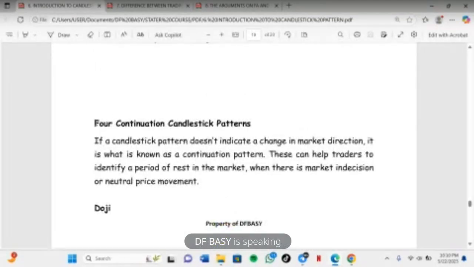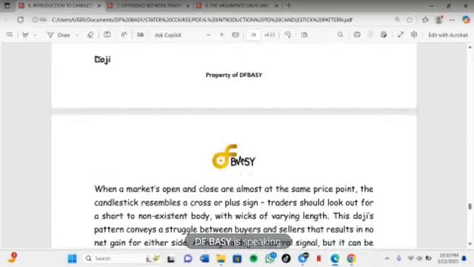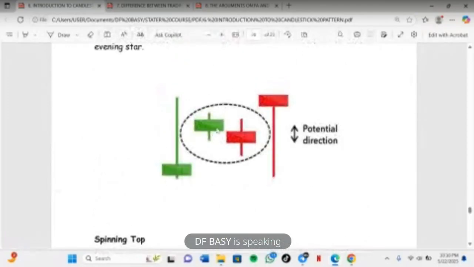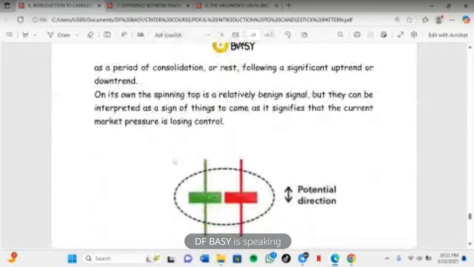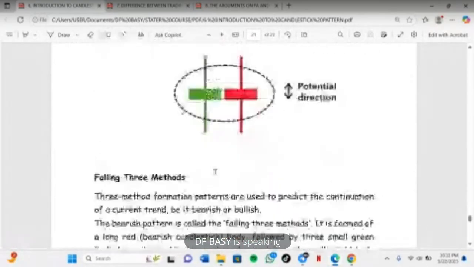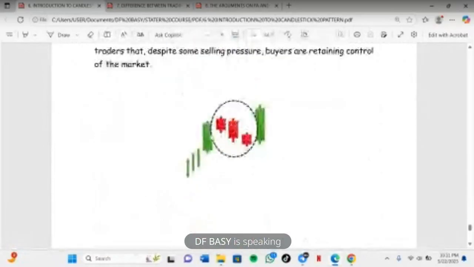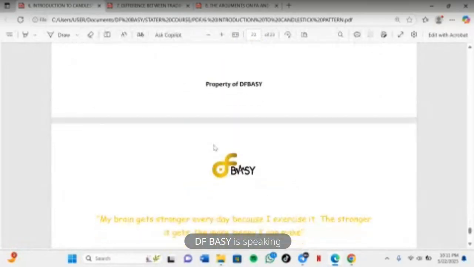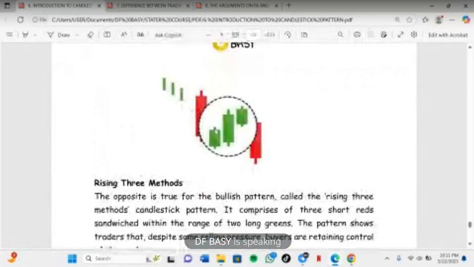We have continuation candlestick patterns, which are the doji, which is this guy. They have the spinning top, which is this guy. Then we have the falling three method, which is this guy. So now, of all these continuation patterns, I would advise you stick to the falling and the rising three methods.